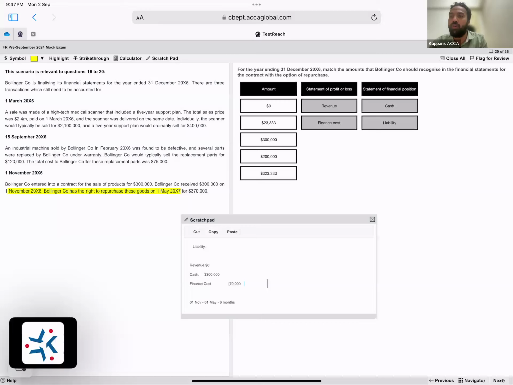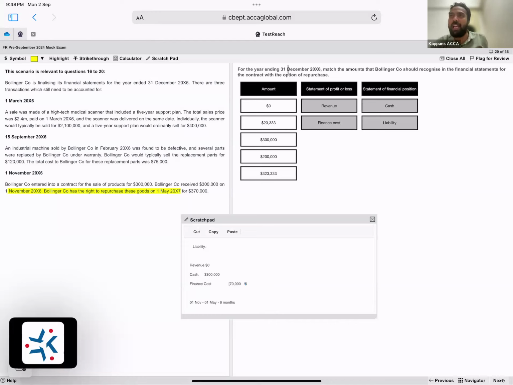So this finance cost should be recorded over a period of 6 months. So 70,000 into 6. But why 6? That is 6 months, from 1st November till 1st May.